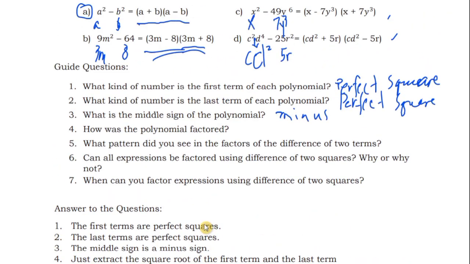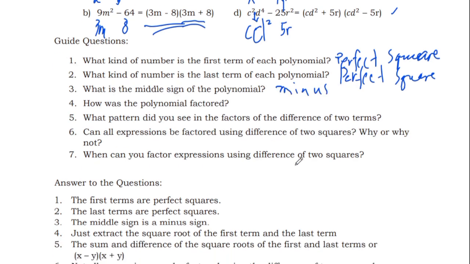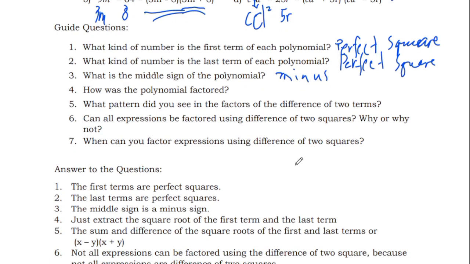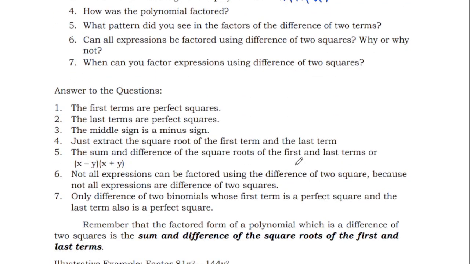Okay, number 6, can all expressions be factored using difference of two squares? Not all the time, only for some cases, because if the two terms are not perfect squares, then we could not get the factor.